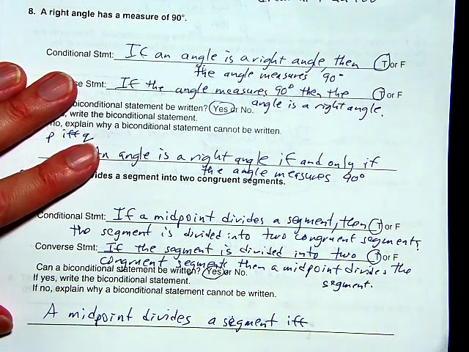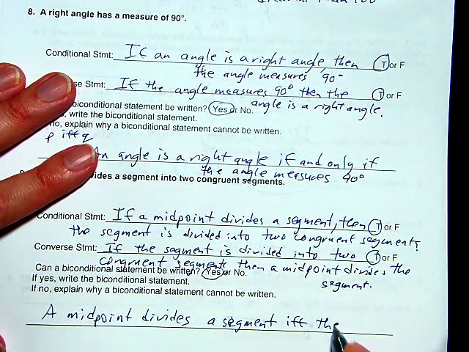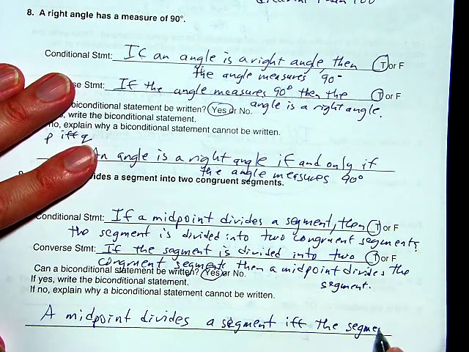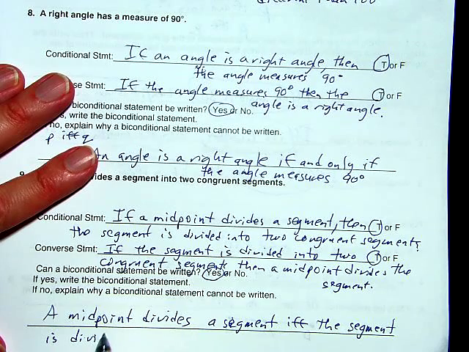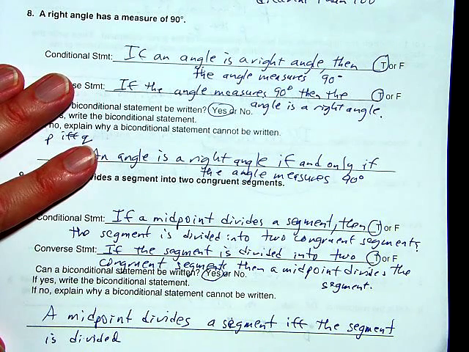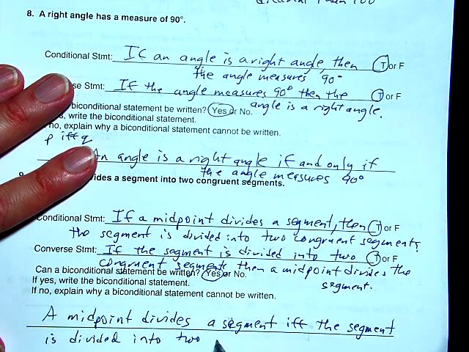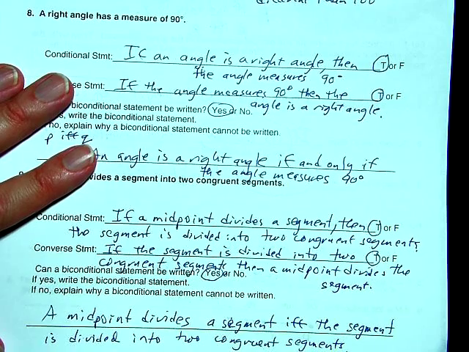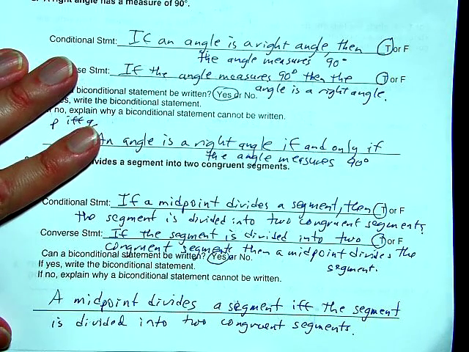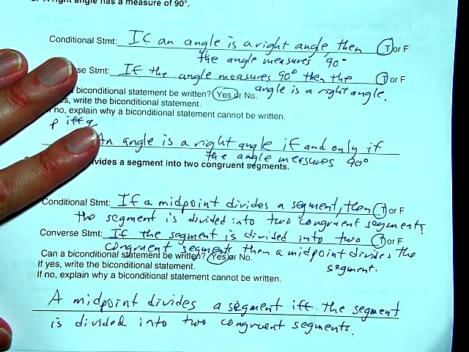If and only if the segment is divided into two congruent segments. Okay, so that's a statement. A midpoint divides a segment if and only if the segment is divided into two congruent segments.